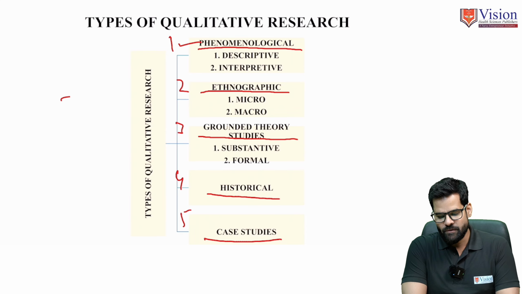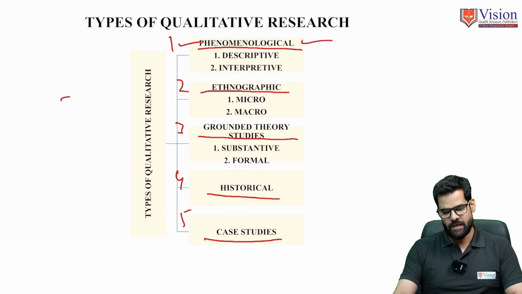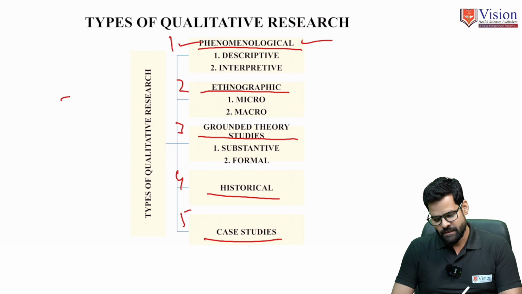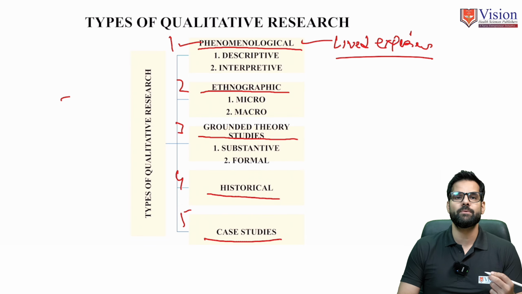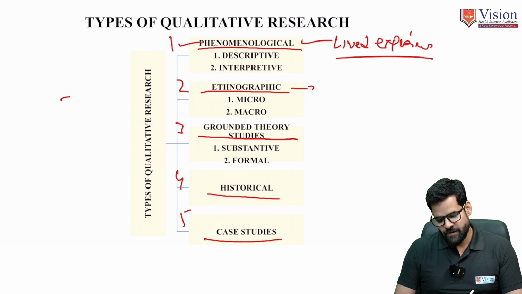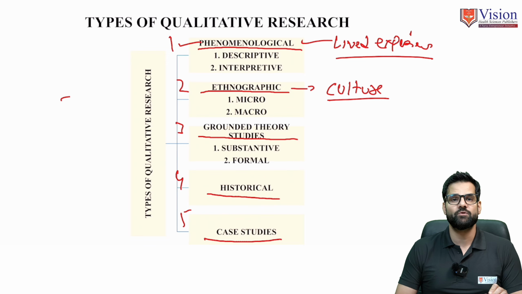If I give a one-word meaning of phenomenological study, it is the lived experience. They study the lived experience of a person, the experience that you live. Ethnography studies the culture. That is the main purpose of ethnographic research.